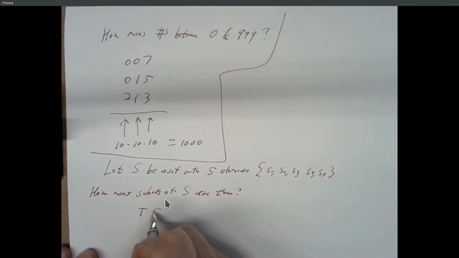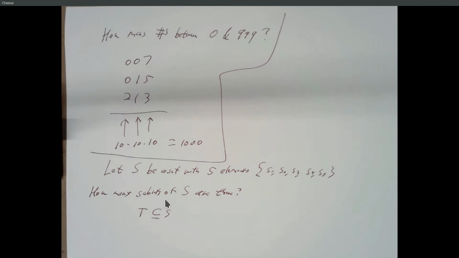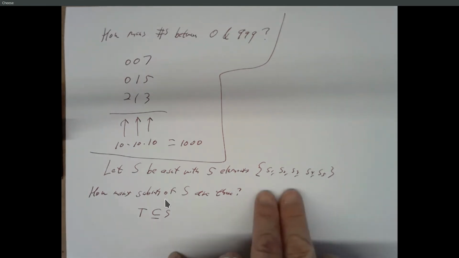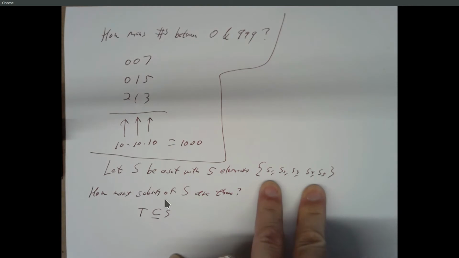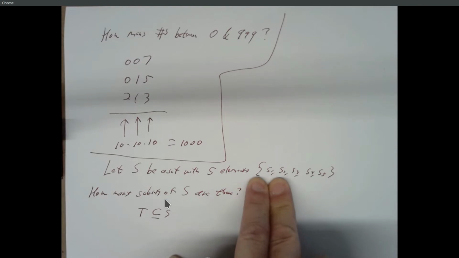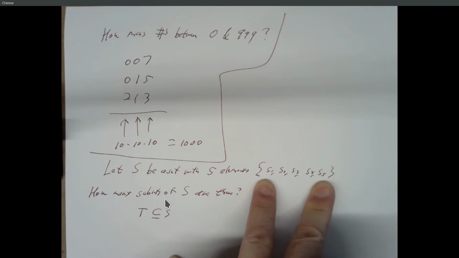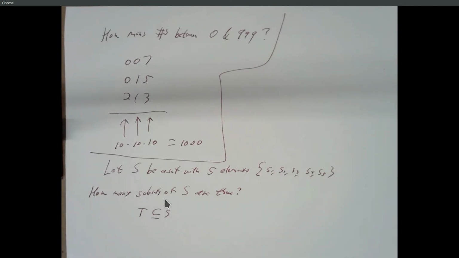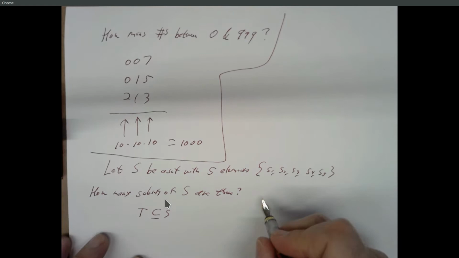So suppose T is a subset of S. We know that to be a subset, it has to be comprised only of elements from S. Agreed? So the only possible elements in T are S1 through S5. But it's a subset. It does not have to contain each or any of those elements. So I'm going to specify 5 subtasks.